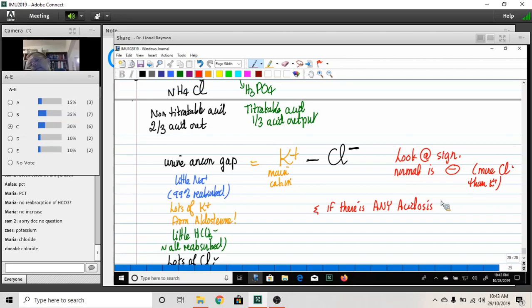If there is any acidosis, expect even more ammonium chloride production and excretion. So urine anion gap is very negative in acidotic state.